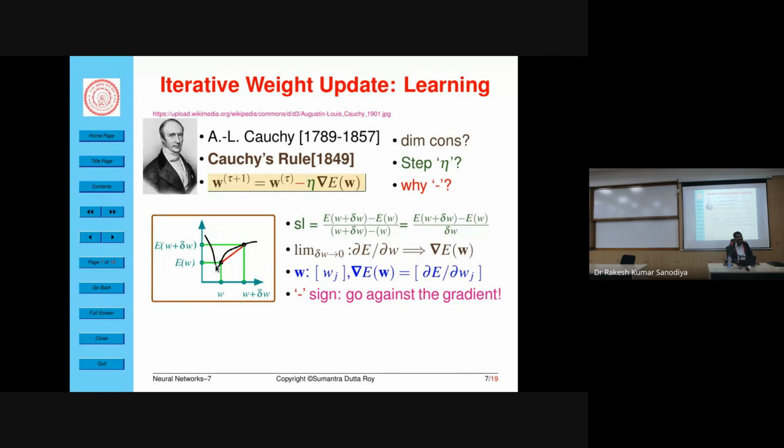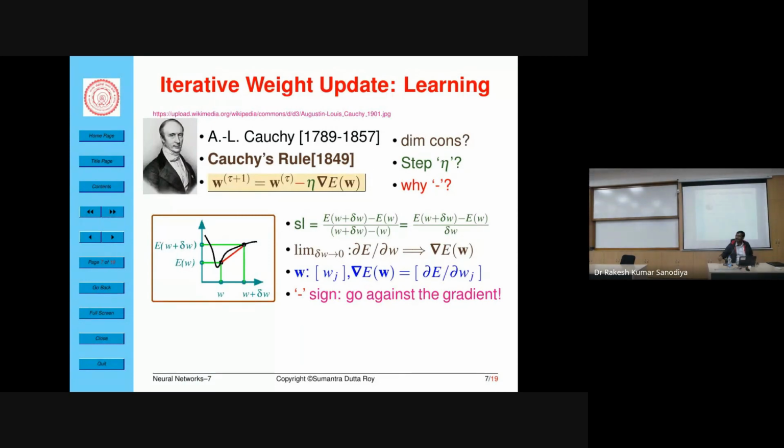It doesn't matter. Either way, if we have the gradient, we need to go against the gradient. Here we didn't make any assumption as to whether delta W is positive or not. We normally take that as an assumption. But either way, the important part is we need to go against the gradient if I want to go to the local minimum. That is why there is a minus sign.